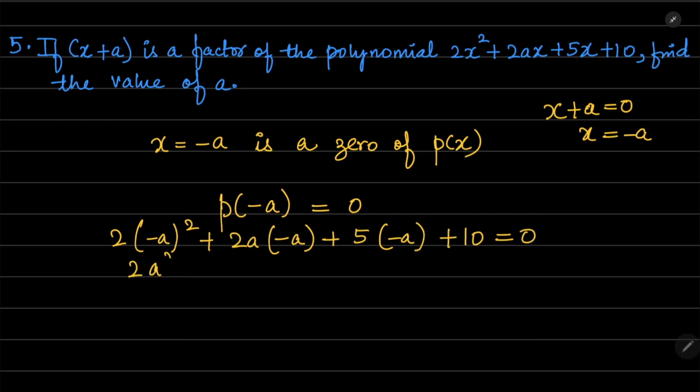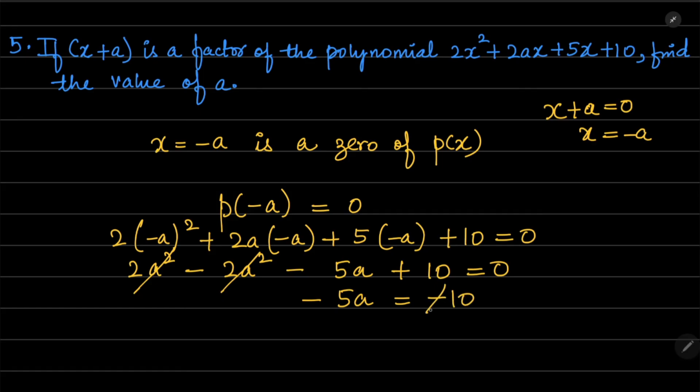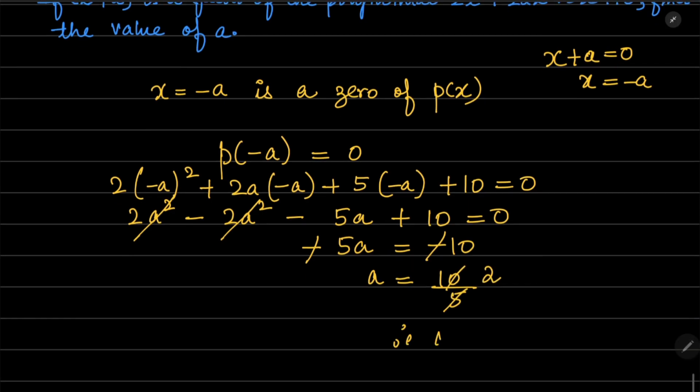So what do you get? 2a square minus 2a square minus 5a plus 10 equal to 0. So 2a square minus 2a square gets cancelled. So minus 5a equal to minus 10. Minus minus gets cancelled and the value of a is nothing but 10 by 5, which is 2. So therefore a is equal to 2.